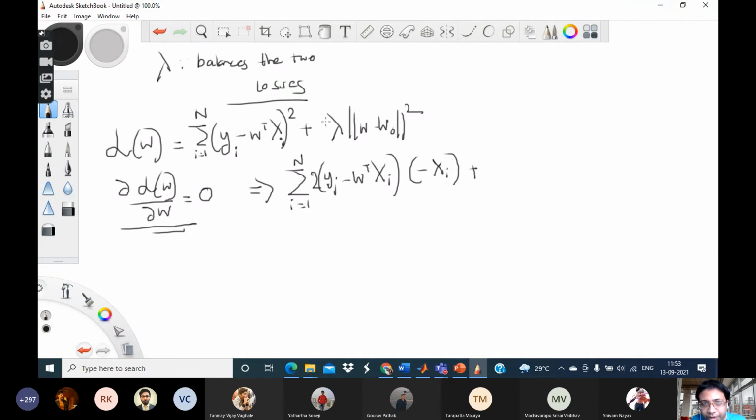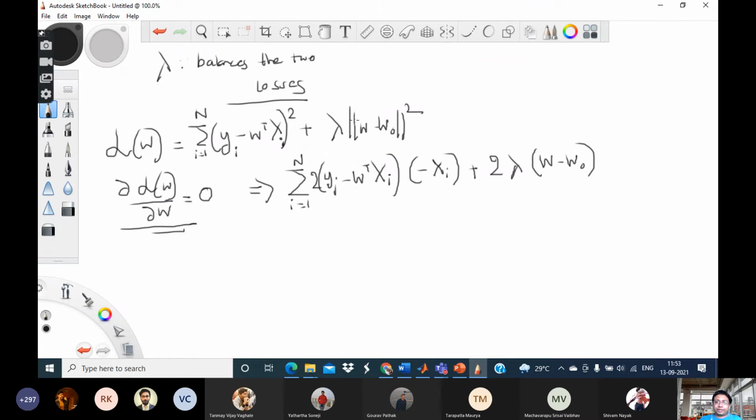Here the lambda is here. This is very much analogous to scalar differentiation. So your 2 comes out here, 2 lambda, and what you get here is just W minus W naught.